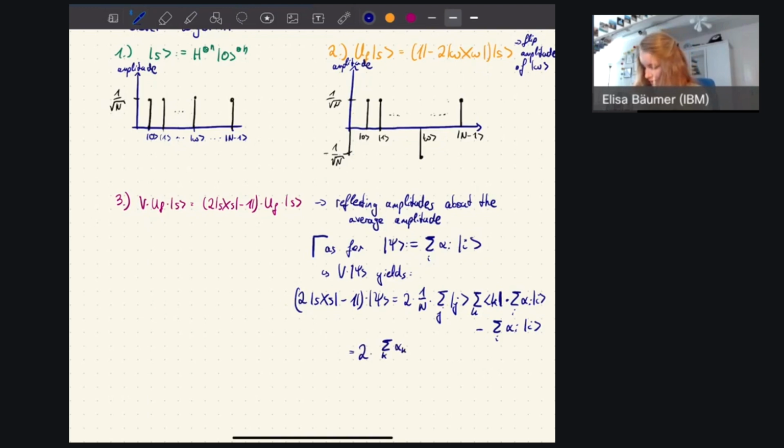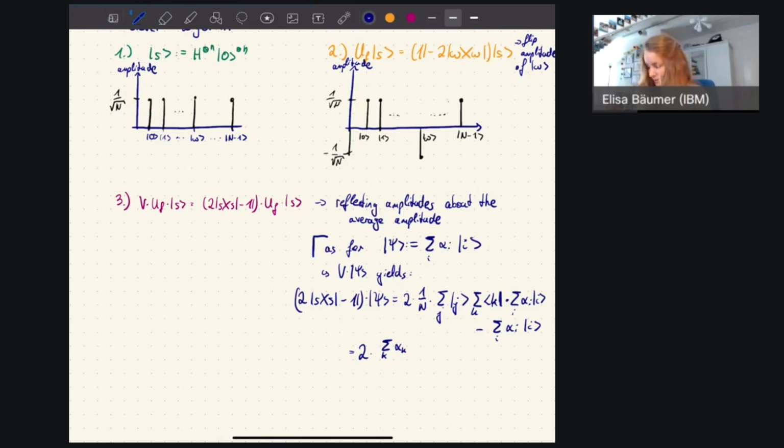Because if we sum over all i and k, we have the inner product of k and i, and this is only 1 if i equals k, while otherwise it's 0 because all other states are orthogonal.